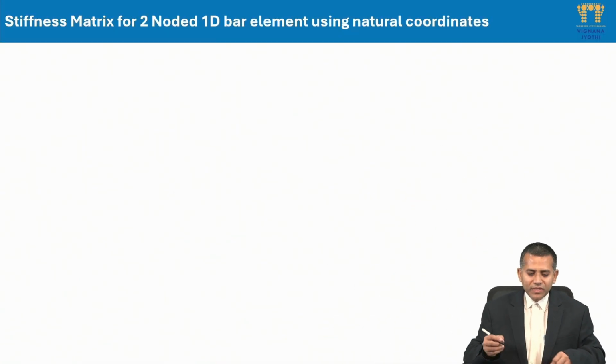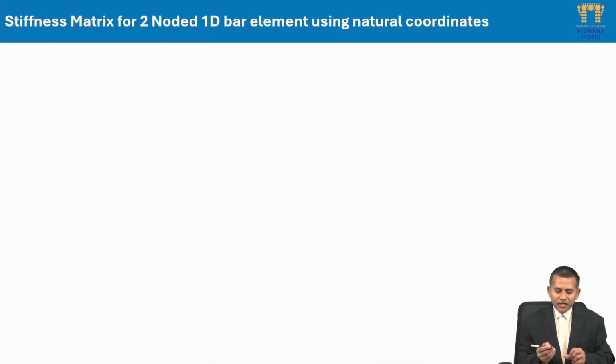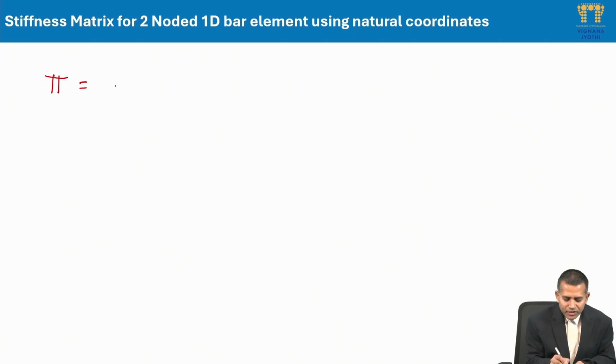If you remember, in the last class we discussed how this stiffness matrix comes. When we are using the potential energy equation, we know the potential energy phi is equal to strain energy and work potential, and we will get the stiffness matrix from the strain energy part.